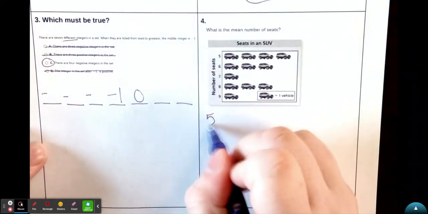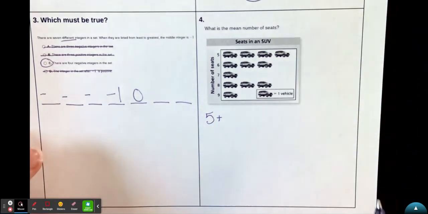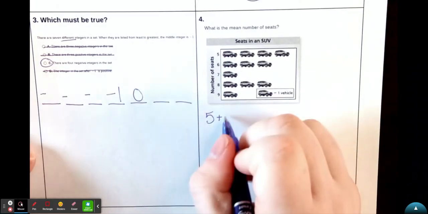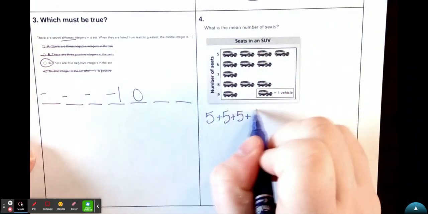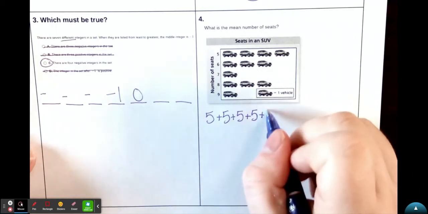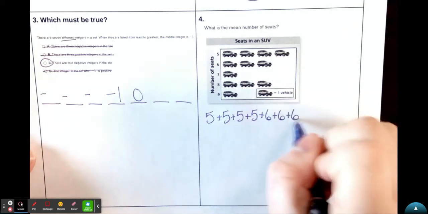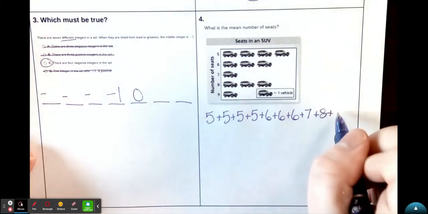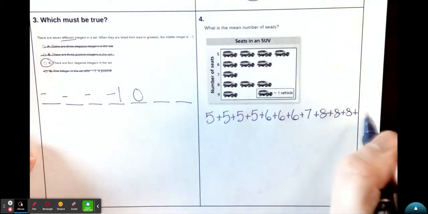5. By the way, how do we find a mean? Add all of them together and divide by how many there are. Okay, so we did 5 plus 5 plus another 5 plus another 5 plus. There's going to be 3 6s, 1 7, 3 8s, and 1 9.